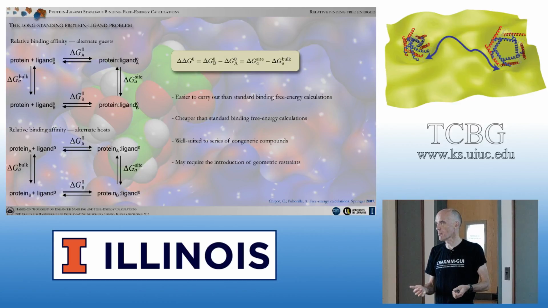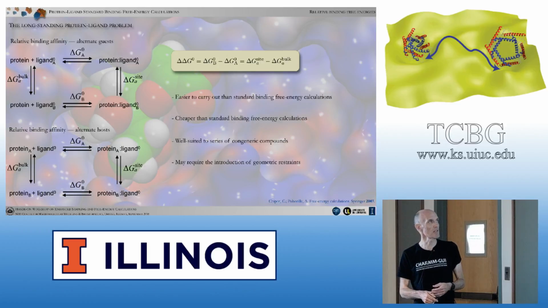In principle, we don't expect any change in the binding pose, and therefore there's no real need to add any restraint in the calculation. So in general, it should be pretty easy to carry out and to converge. And you can imagine that instead of changing the ligand, you're changing the host.